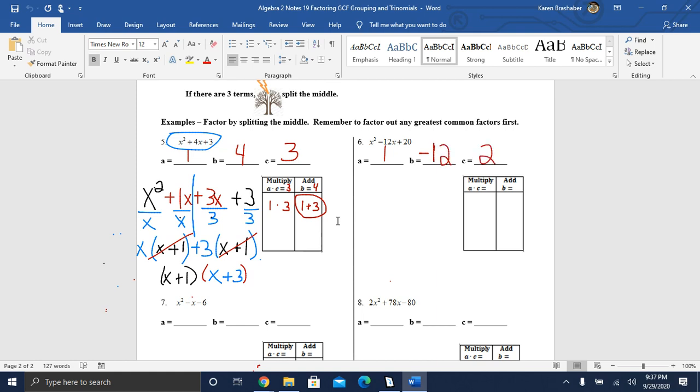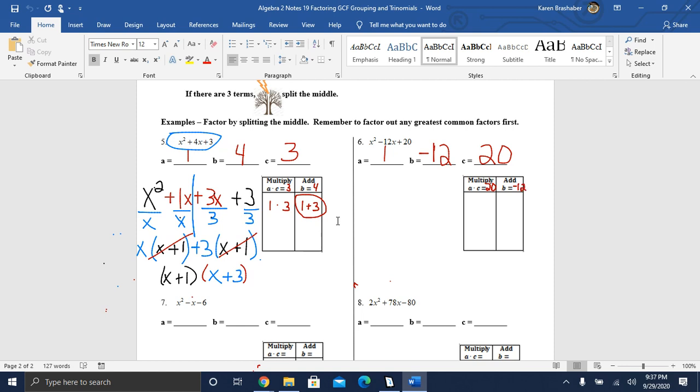C is going to be your constant, 20. So we're going to look for what multiplies to a times c. Well, 1 times 20 is 20. So we want to think of numbers that multiply to 20, and at the same time add to give me my term b, which is negative 12.